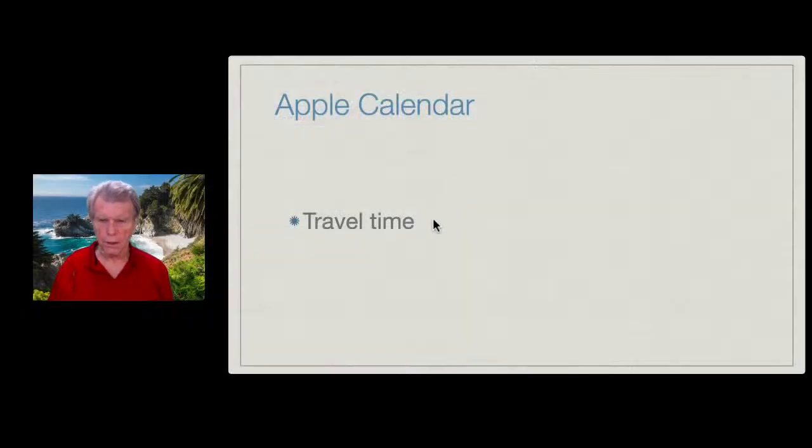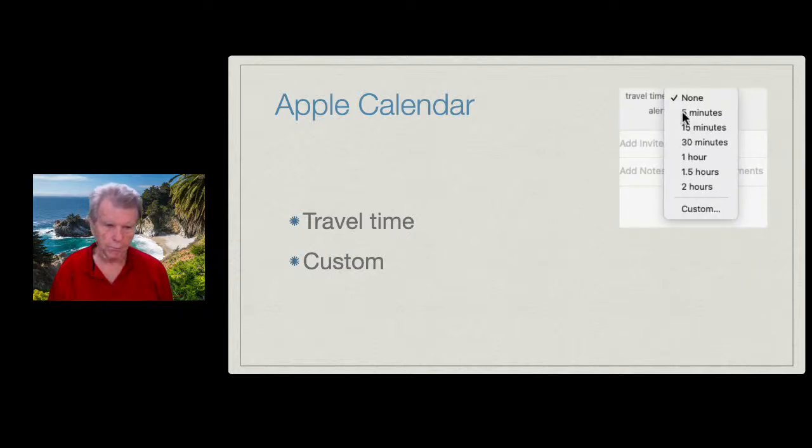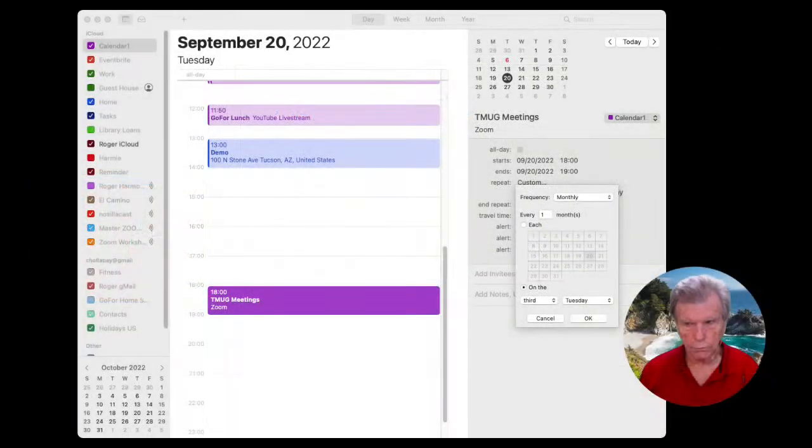Another nice feature of the calendar is to put in your travel time. So you can get a default travel time, or you can get a custom travel time. So the default travel times are listed here, but if you click on custom, then you can put any time in there that you want. So let's check that out.